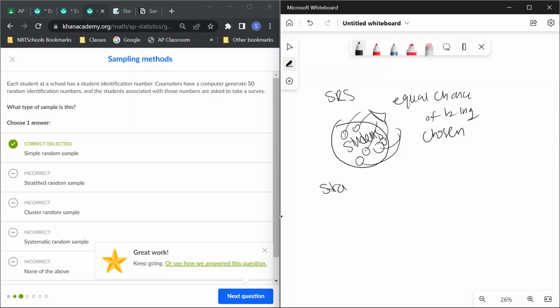Stratified would be if you have students, and out of those students you have some freshmen, juniors, seniors, and sophomores, and inside each you take a simple random sample of a few freshmen, a few juniors, a few seniors.